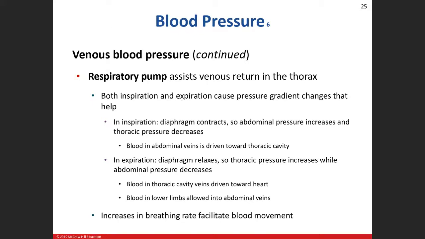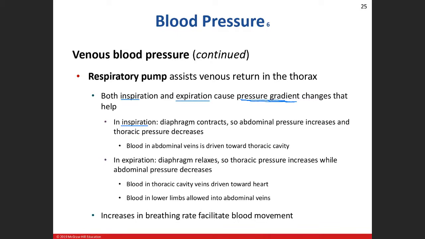But look at it like this. When we talk about inspiration and expiration, that changes the pressure gradient. So when you take a breath in, the diaphragm contracts. It drops down, becomes more flat.